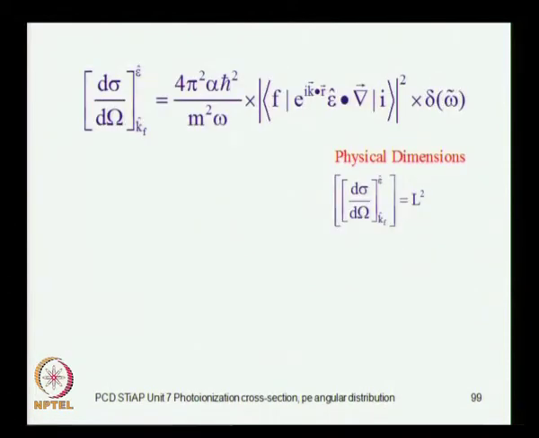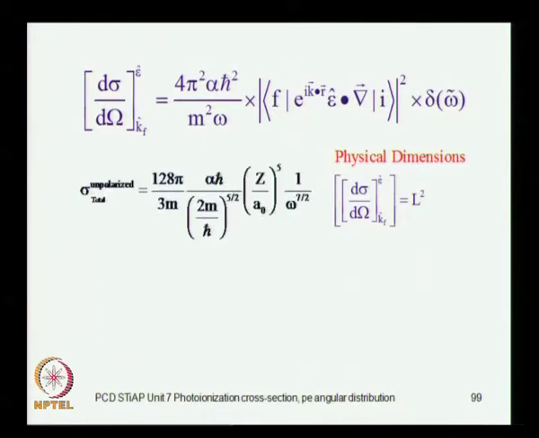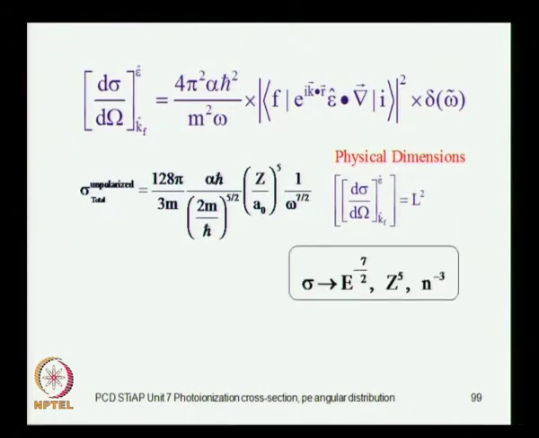We also found that the differential cross section has the dimensions of L squared. It is usually measured in units of megabarn, which is 10 to the minus 18 centimeter squared. And then if you integrate it over various directions of polarizations and all the polar angles, then we find that the cross section certainly drops as the energy increases.